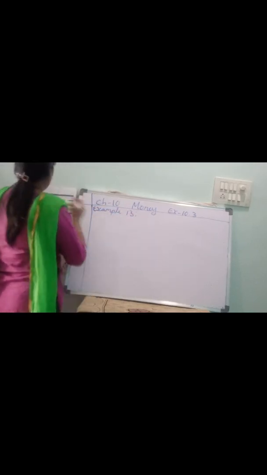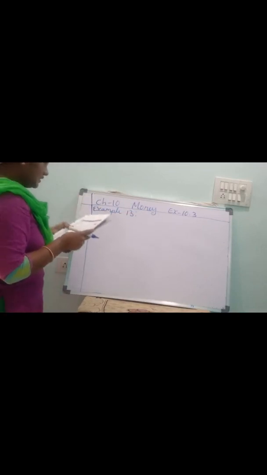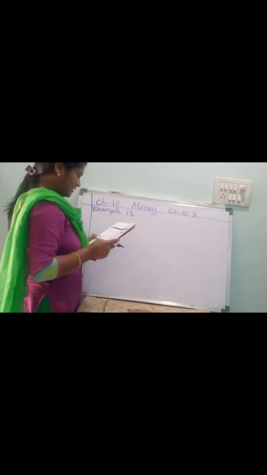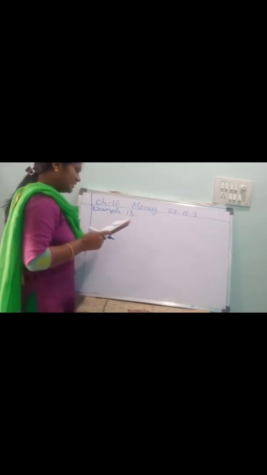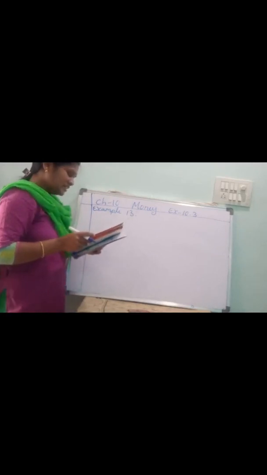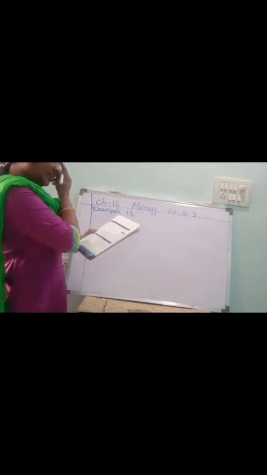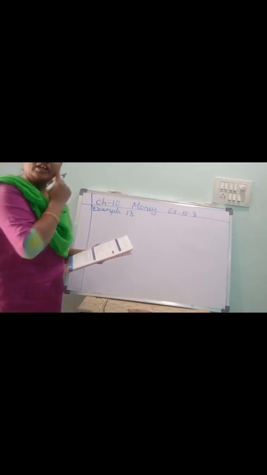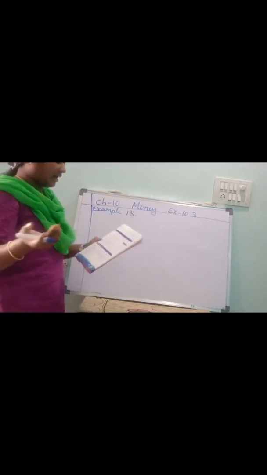13. The cost of a dozen bananas is 48. What is the cost of 3 dozen bananas? What is the cost of one banana? What you have to do? You should multiply and you should divide also.